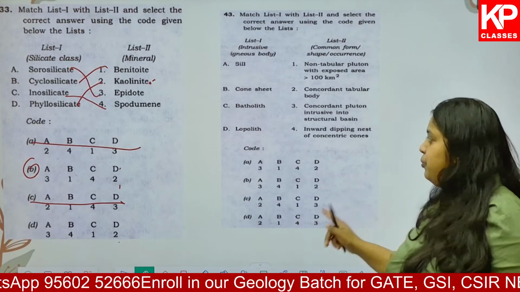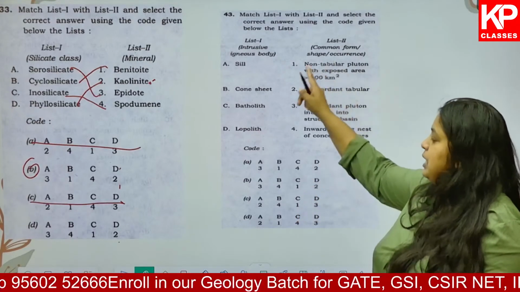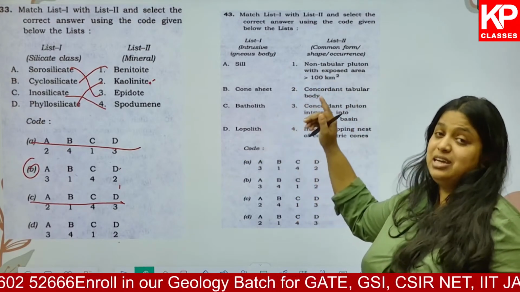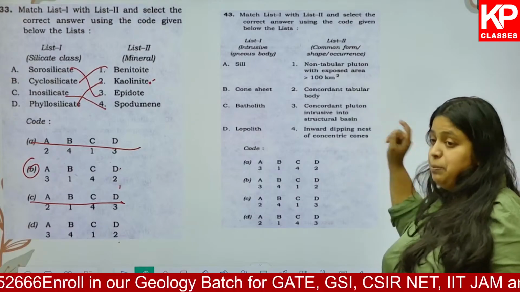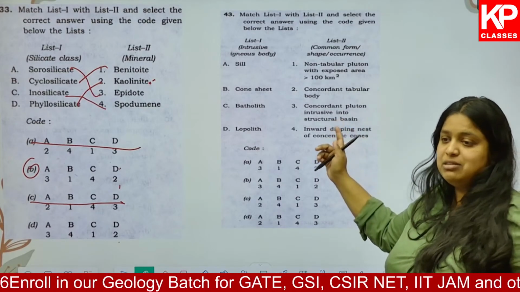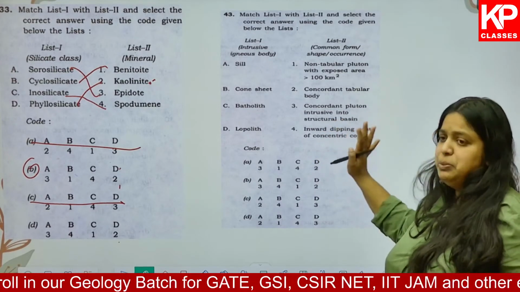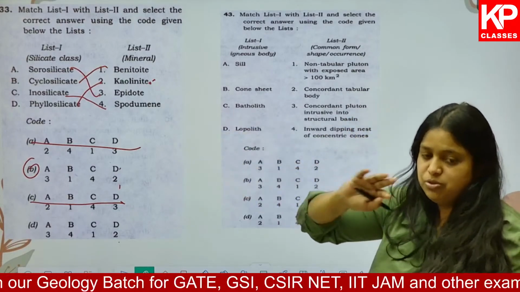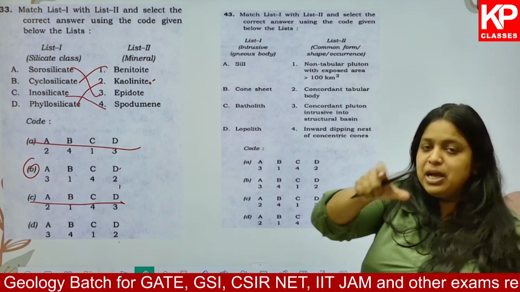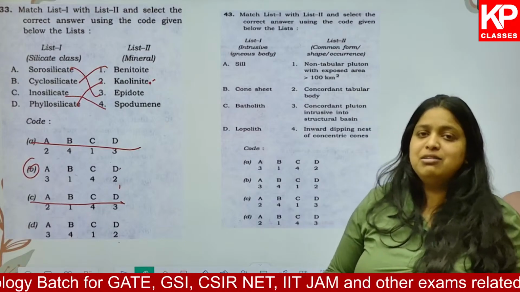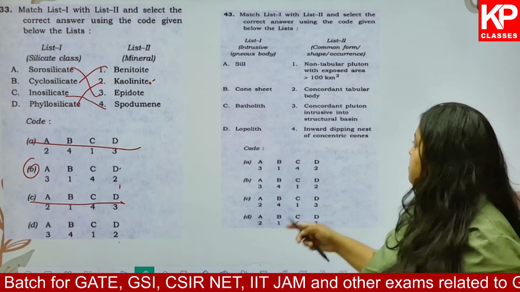So it's important to revise the igneous structures and their definitions, very important. Very important to revise this particular portion because it's repeatedly asked. The question type is different, but from that single section they have asked questions multiple times.